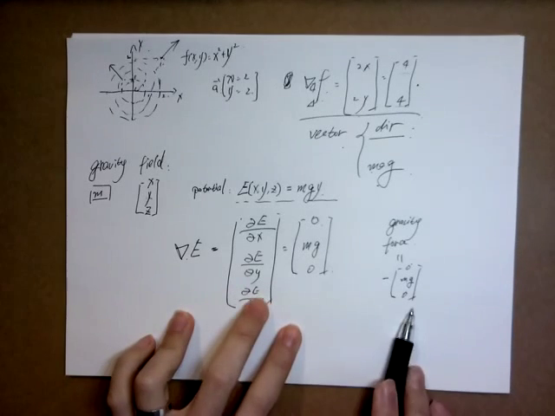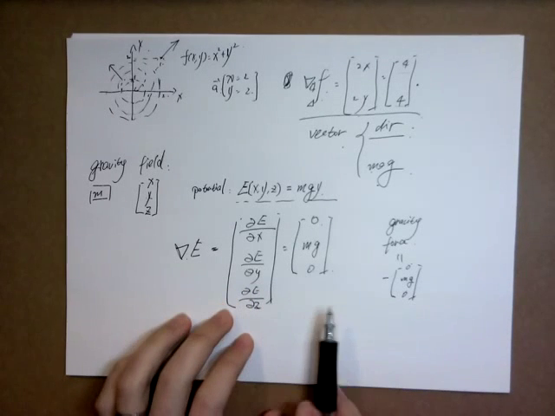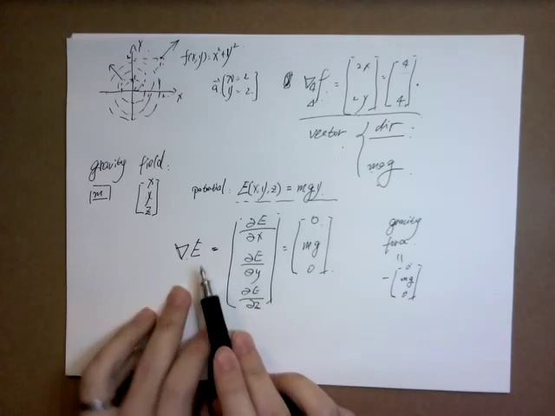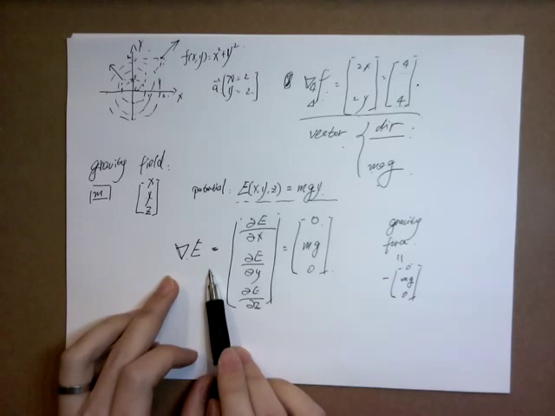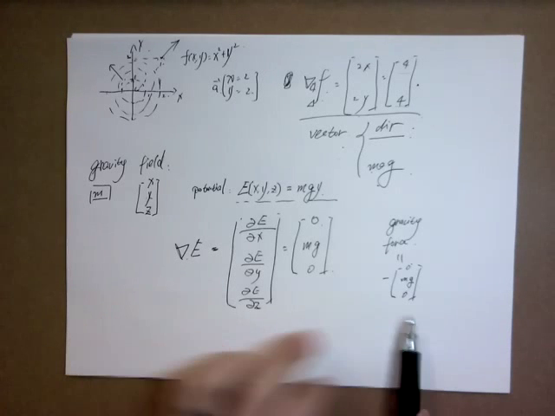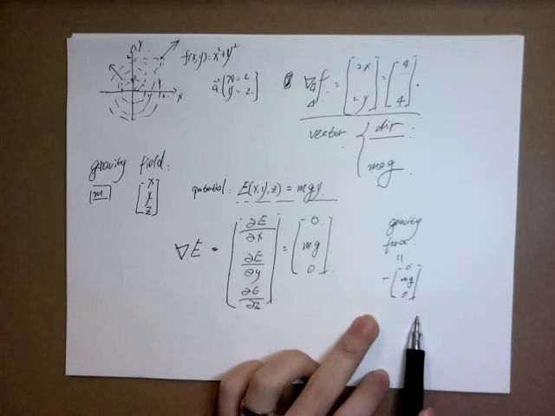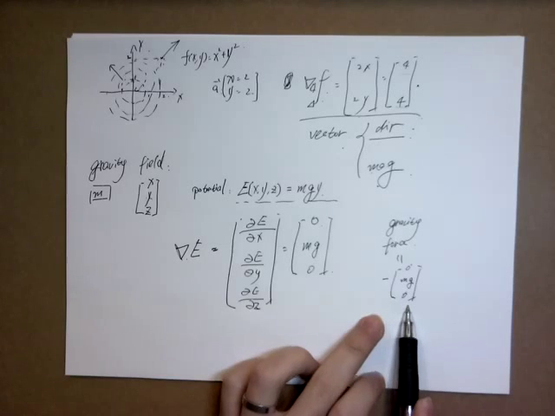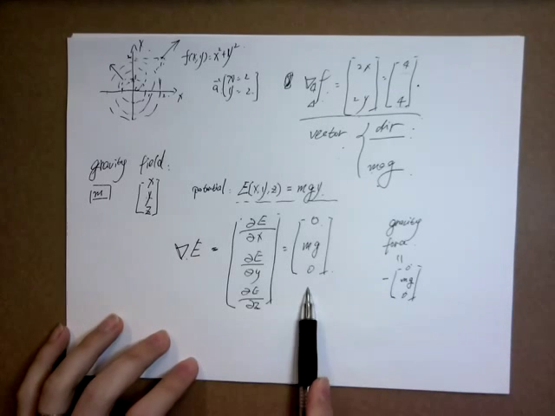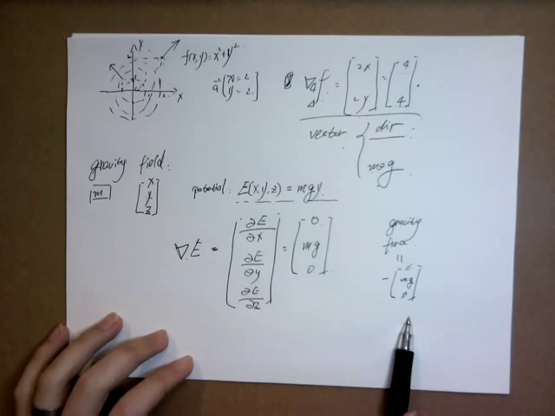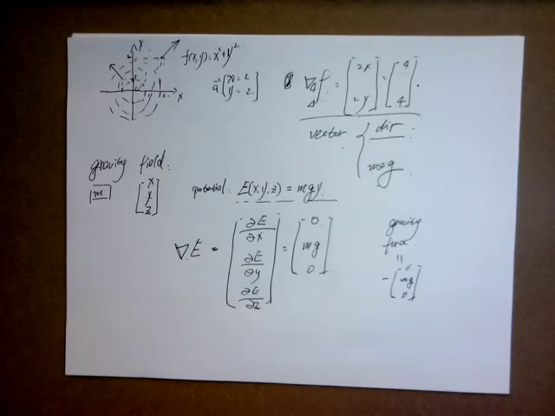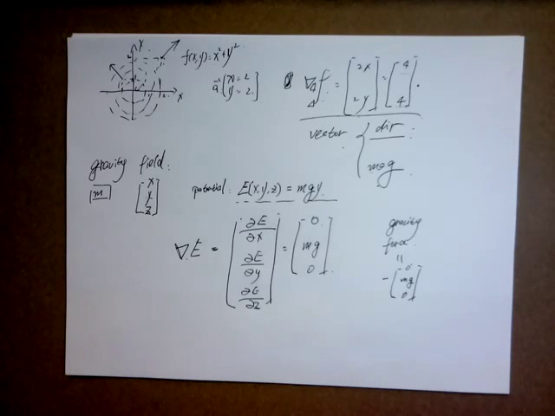And this is not just a coincidence, because I said the gradient is the steepest ascent direction of a function, and the gravity force always wants to decrease your potential energy as much as possible. So it's just the negative direction, the opposite direction of the gradient, and they have the same magnitude. All right, great. Yeah, I think I said it wrong. He's right. The force is the negative gradient, not the gradient. Right.